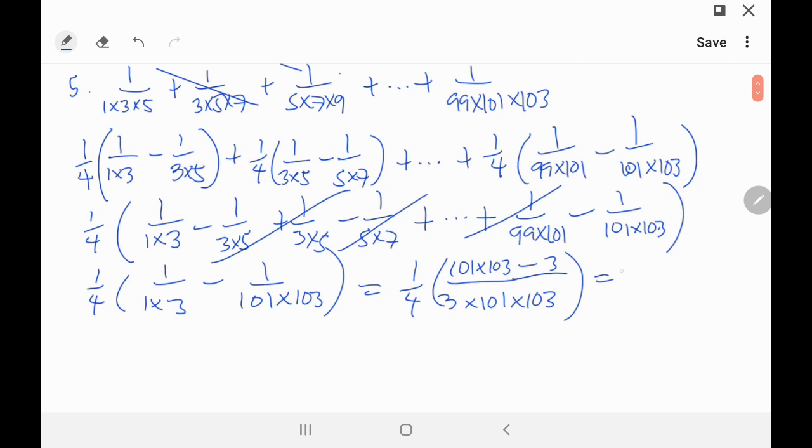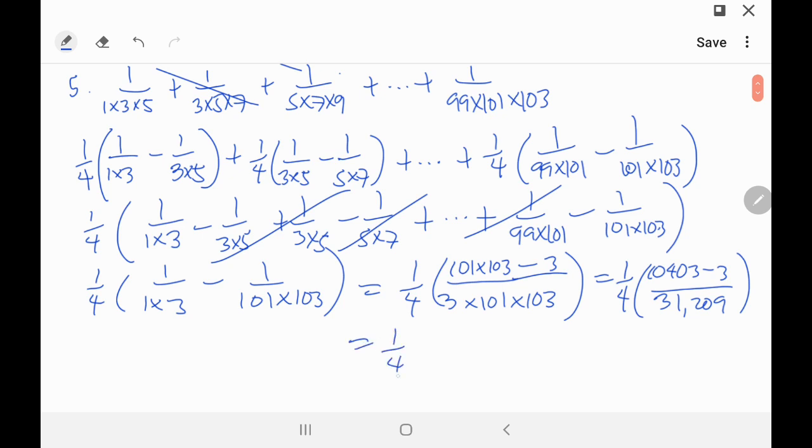Okay, and that simplifies to 101 times 103, that's 10,403, minus 3, and the denominator will be equal to 31,209.